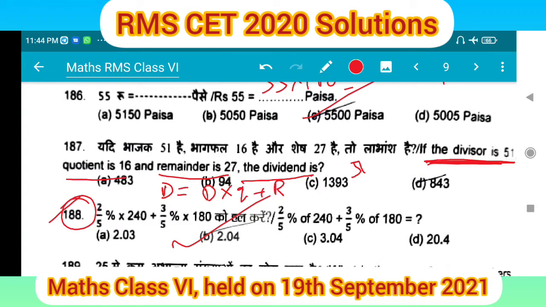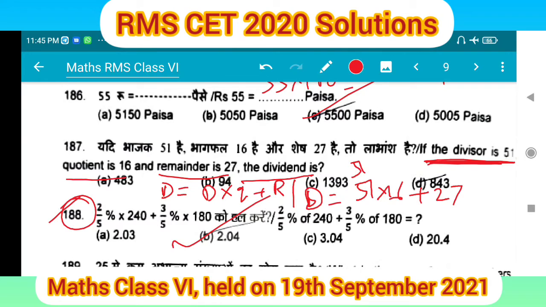The divisor is 51, quotient is 16, and remainder is 27. So now the calculation is left.